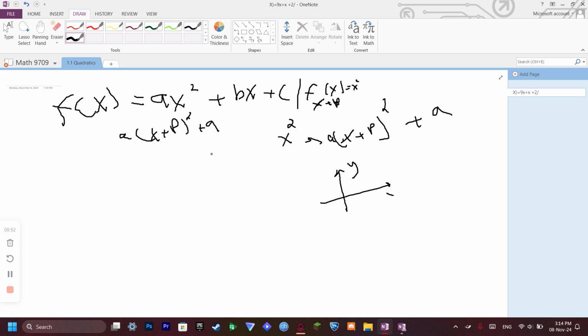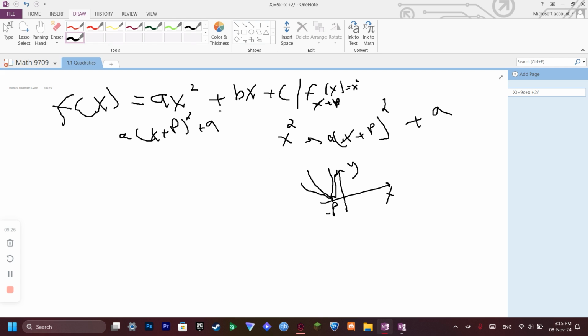So your graph becomes like this, and then the turning point has an x at minus p, and then you multiply it by a. That just stretches the graph upwards. So instead of becoming like this, it becomes like this. That's of course assuming a is a positive number greater than 1, and assuming that p is also a positive number. Also q.